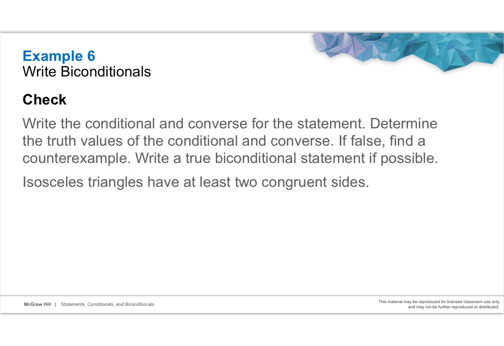In our check for example 6, we are here on page 166. And we're asked to write the conditional and the converse from this statement to determine the truth values of those, and if possible, find a counterexample or write a biconditional if it is true. So, isosceles triangles have at least two congruent sides. Let's go ahead and make that into a conditional and a converse.